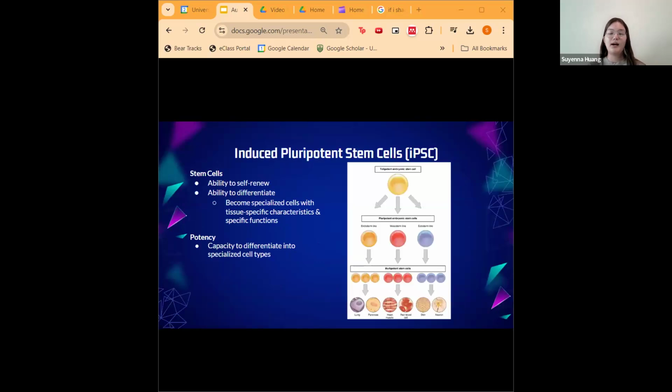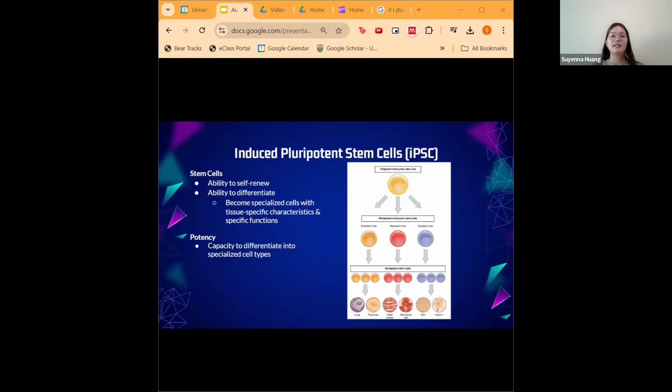So first things first, to talk about iPSCs, you have to talk about stem cells. So stem cells are special cells, and they are unique from other cells in the sense that they have two very distinct abilities. First, the ability to self-renew, so that means they can replicate many times. They can replenish themselves.